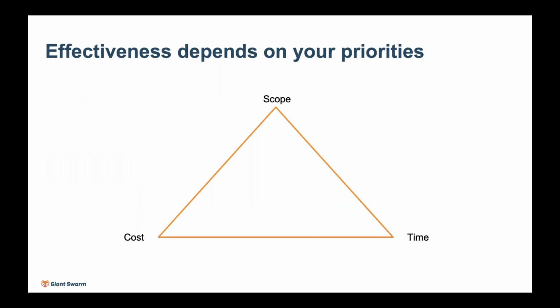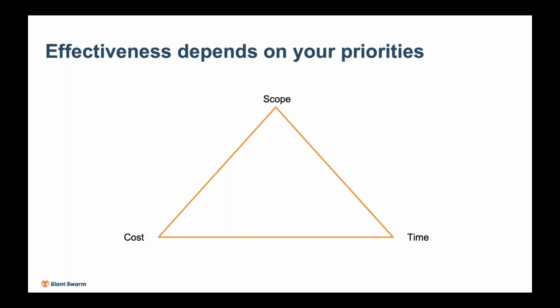So time is flying, so I'll just speed up a little bit. So what does effectiveness mean? I said we'll come up with how you can build the most effective enterprise Kubernetes team. Things mean something different for different people. You've got this magic triangle.